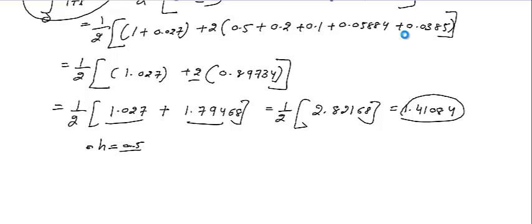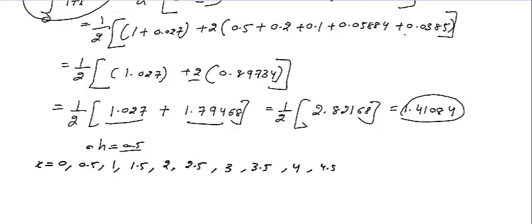If your starting point is 0 and you add h of 0.5, then you have 1, then 1.5, then 2, 2.5, 3, 3.5, 4, 4.5, 5, 5.5, then 6, correct?